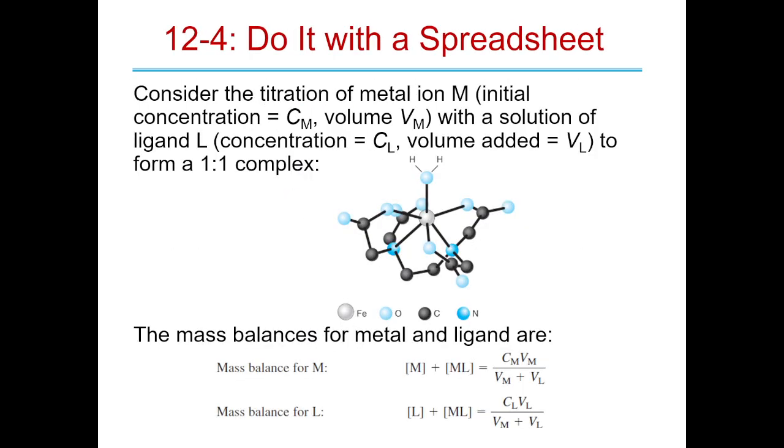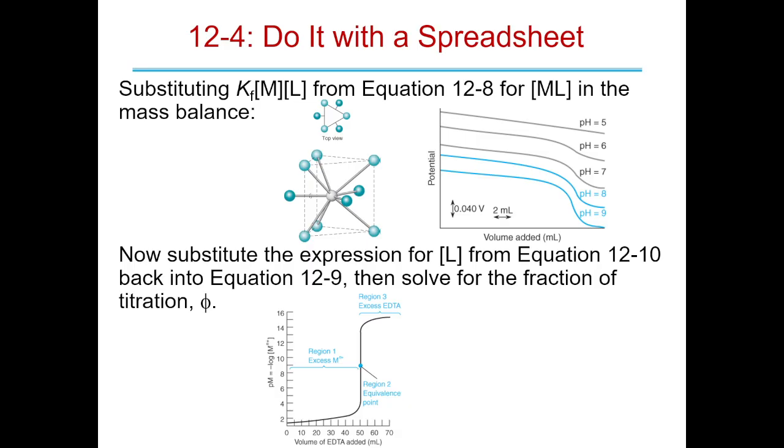Notice that your mass balances come automatically. If you're doing a complex solution, you already have two equations of those you need to generate. You have those two mass balances.